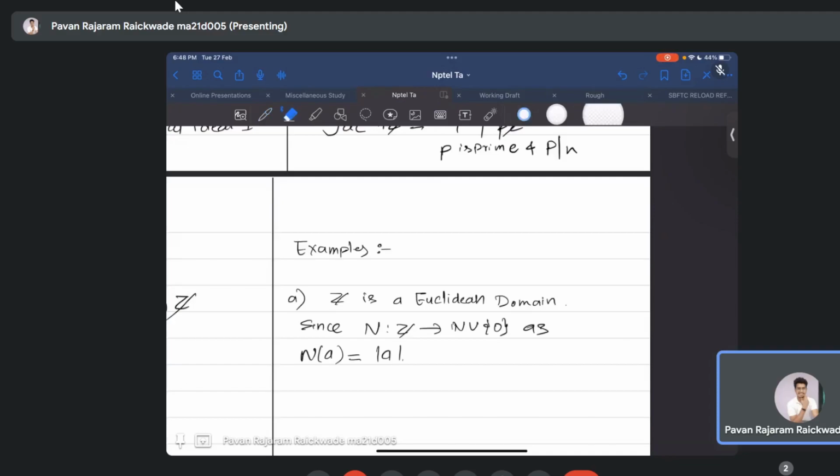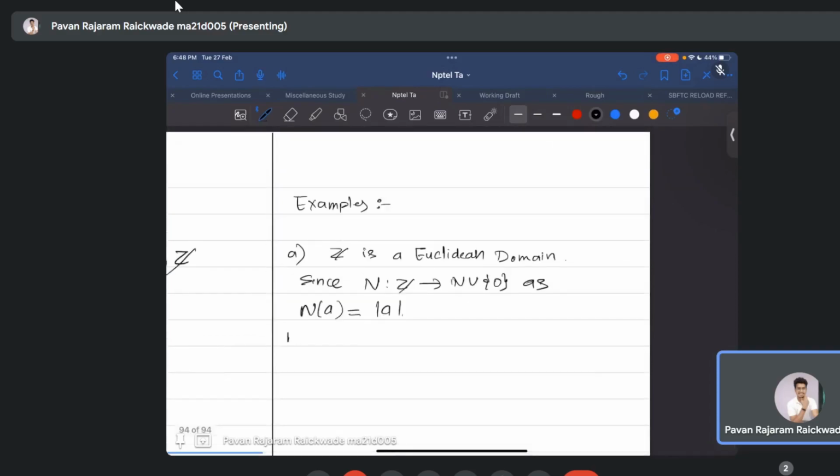With this function as a norm, the whole division algorithm that we do in natural numbers or integers will follow directly, right? So it is easy to verify that Z is a Euclidean domain.